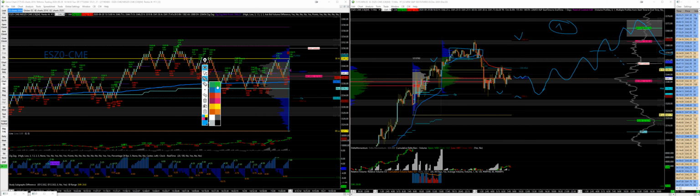Scenario 2 in green. So open in the value area on top of the VPOC. So drop your trade, test the high, take out the high actually.